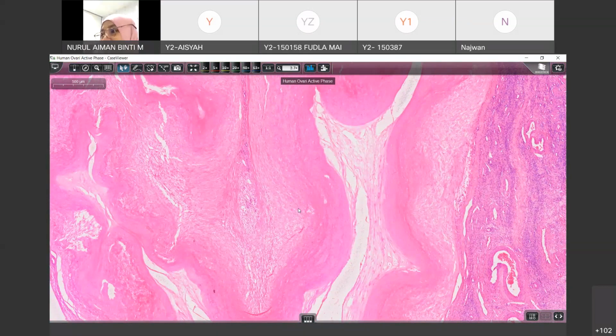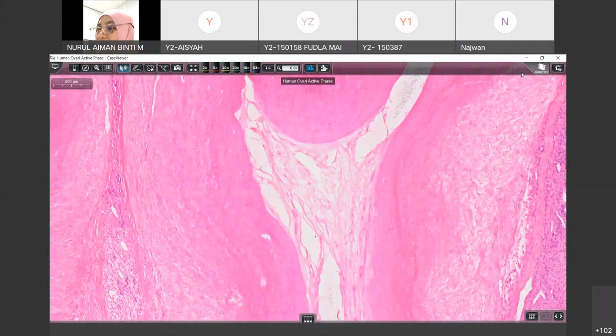What is left behind after ovulation? Theca interna and granulosa cells, and also? Theca lutein. Yes, theca lutein is the same as theca interna. And you have another, the theca externa.